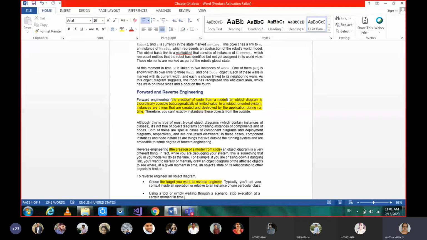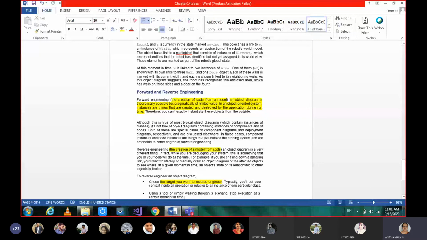Whatever is happening during runtime within the system, we cannot capture from outside. So theoretically we can say it, but practically it is limited, and to some extent it is not possible to retrieve.